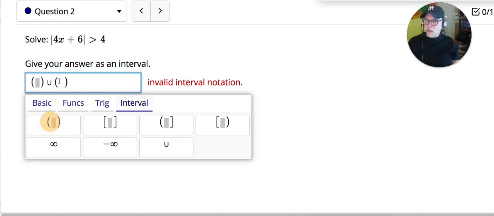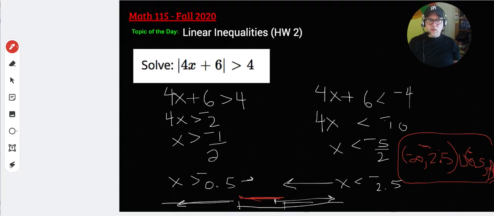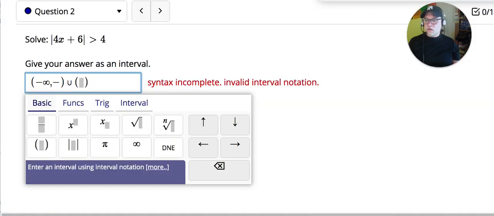And okay, everything I need is here. I'm going to begin with negative infinity because it begins at negative infinity. I'm going to comma that, and then I'm going to end up at, what was my number again? Negative what? Negative 0.5. No, sorry, negative 2.5. Okay, so it's going to be negative 2.5.